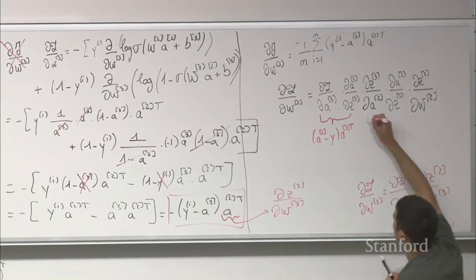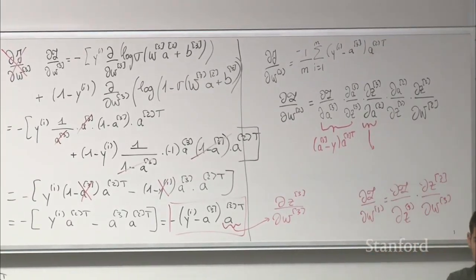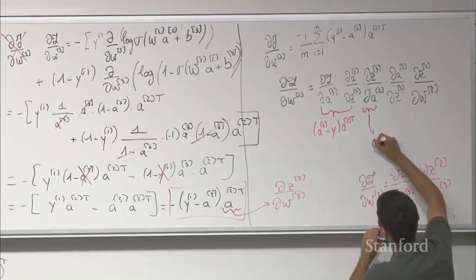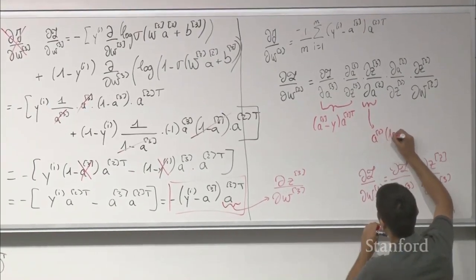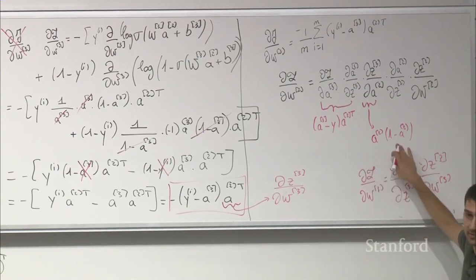Now tell me what's this term. Let's go back. So sigmoid, I'm just going to write it A2 times 1 minus A2. Sigmoid times 1 minus sigmoid.